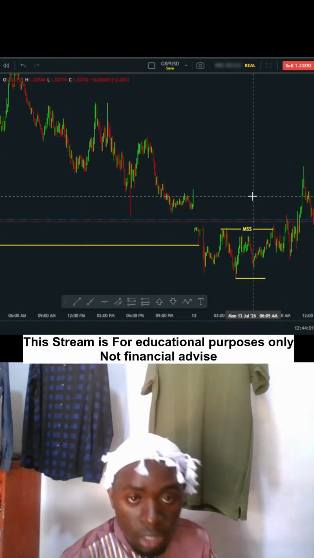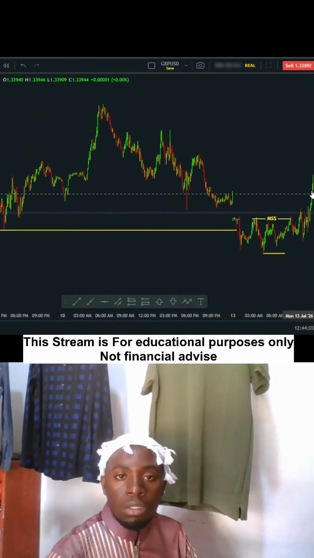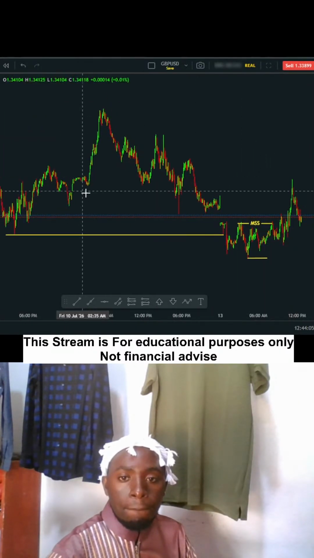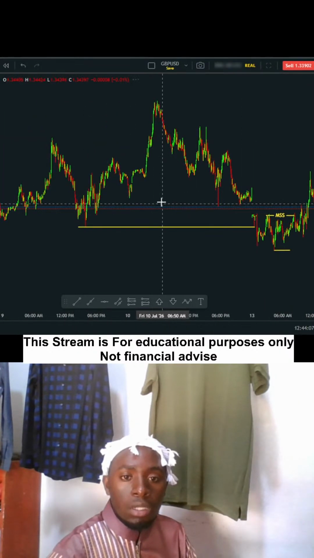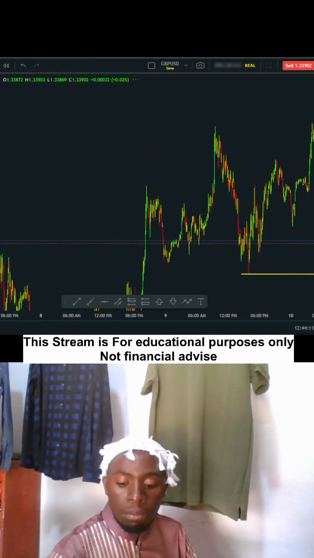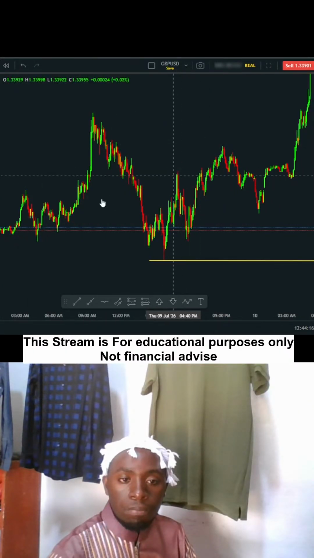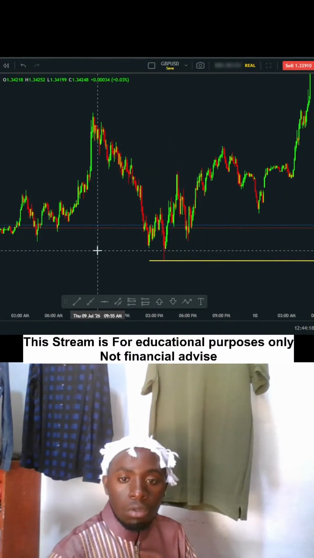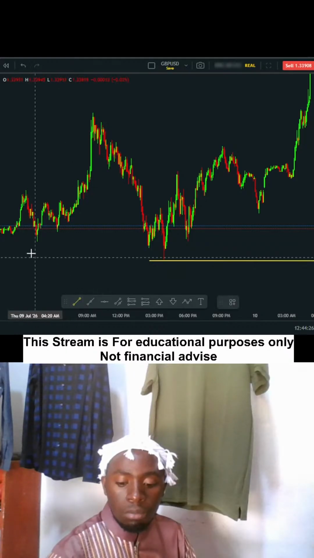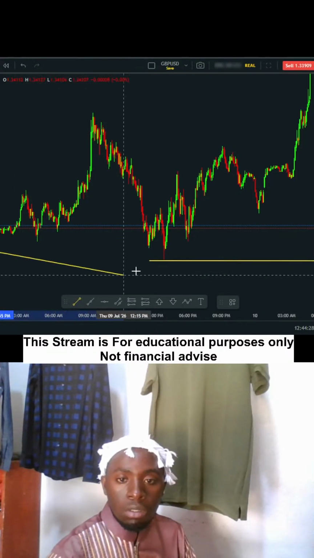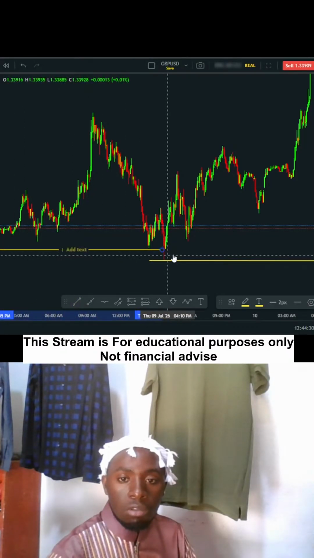Which is the valid high? Let me see. Okay, actually, this. Let me begin from this side because I'm seeing there's some kind of structure shift somewhere. Especially when you begin from this side right here, there is definitely a structure shift.